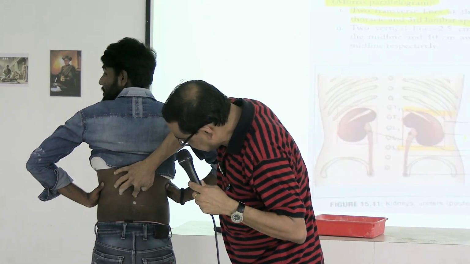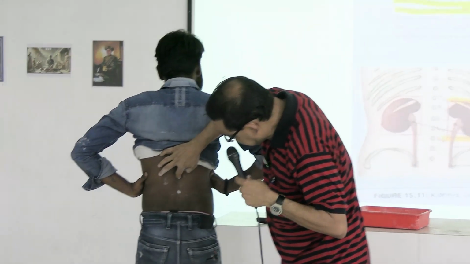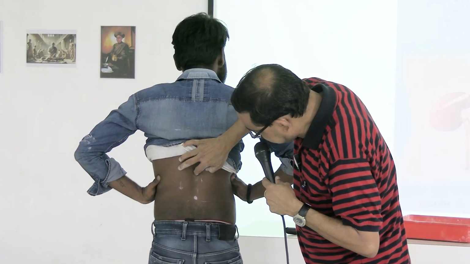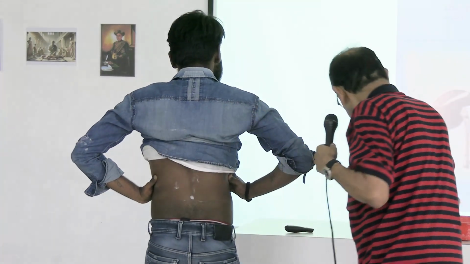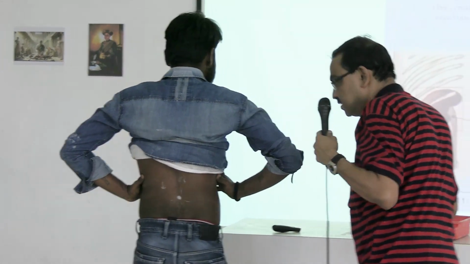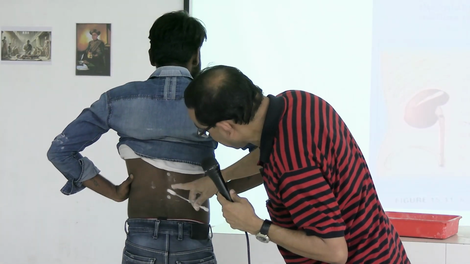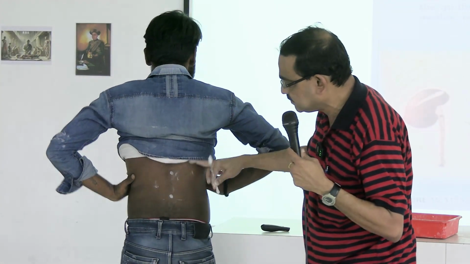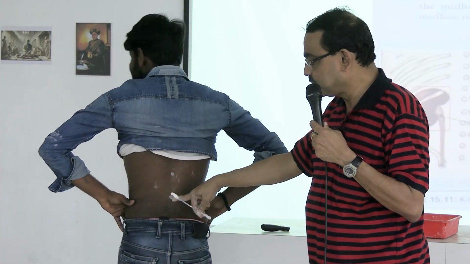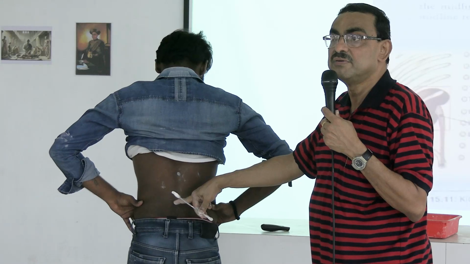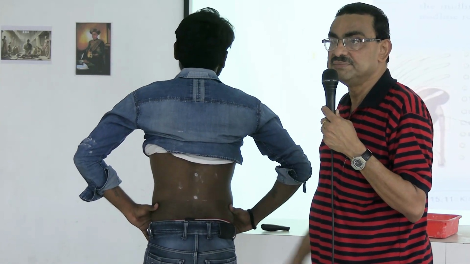Then T12 and T11. This is T11. We have to give a point at the level of the spine of T11, and another point at the level of the tip of the third lumbar spine.